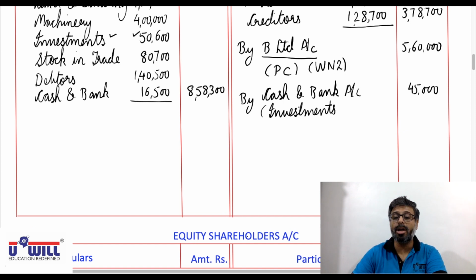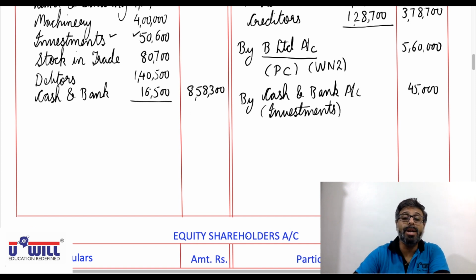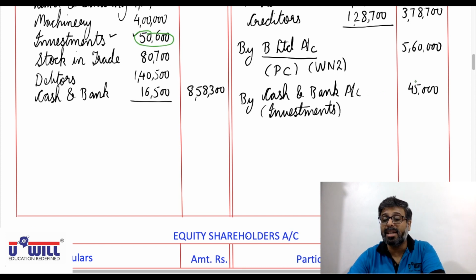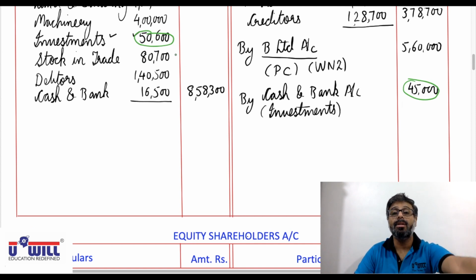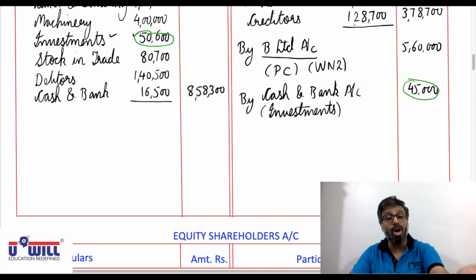Now why don't we record its loss of 5,600? Understand it. You debit 50,600 for investments in realization account. You credit 45,000 for investments in realization account. What is the net amount still remaining in realization account? 5,600 of debit balance is remaining in realization. That represents your loss.